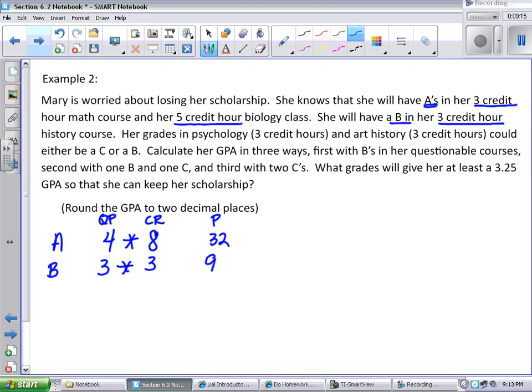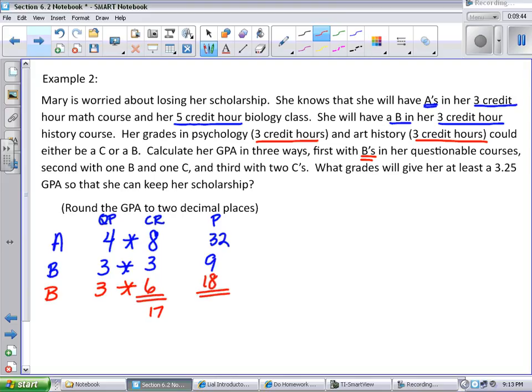And then we have to look at our options. So the first one is to say 3 credit hour psychology and 3 credit hour art history will be B's. So she's going to have B's in her, which is 3 quality points times those 6 hours is another 18 points. Total number of credit hours is 17.